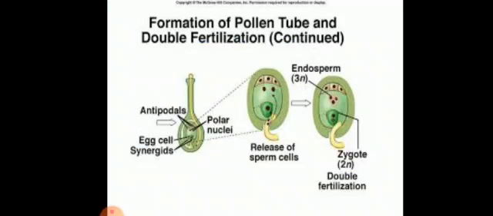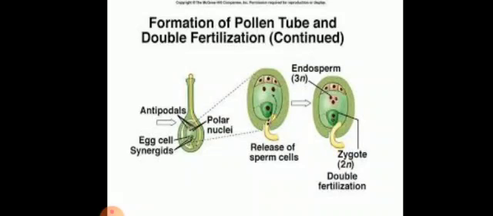The next point, formation of the pollen tube and the double fertilization process. In this process, the pollen tube enters the ovule and carries male gametes, which penetrate one of the synergids. Water content of the synergid is absorbed by the pollen tube, which then ruptures and releases its contents, including the 2 non-motile male gametes.